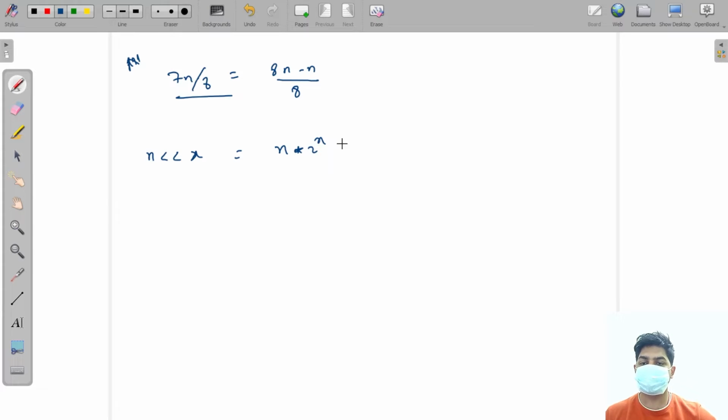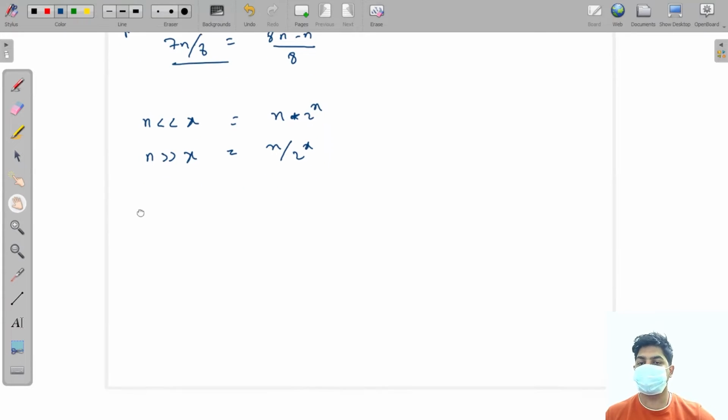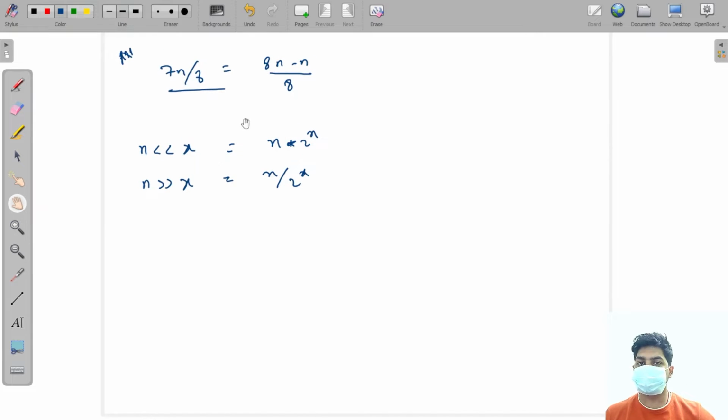This is one property. And one more property we are going to use is that if we right shift the number n by x, it is equal to n divided by 2 raised to power x. These are the two properties we are going to use, and if we use them, we will be able to generate our answer.